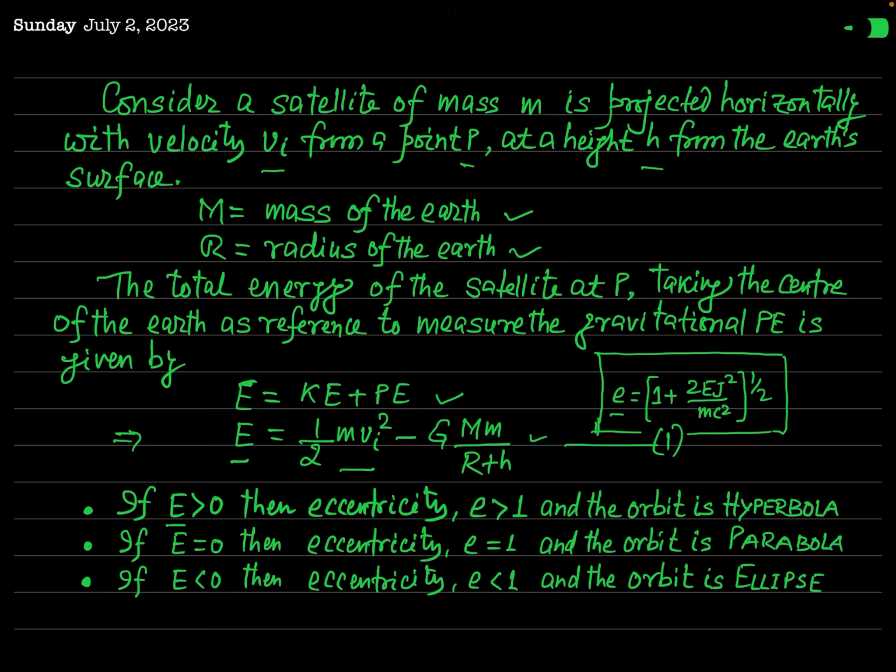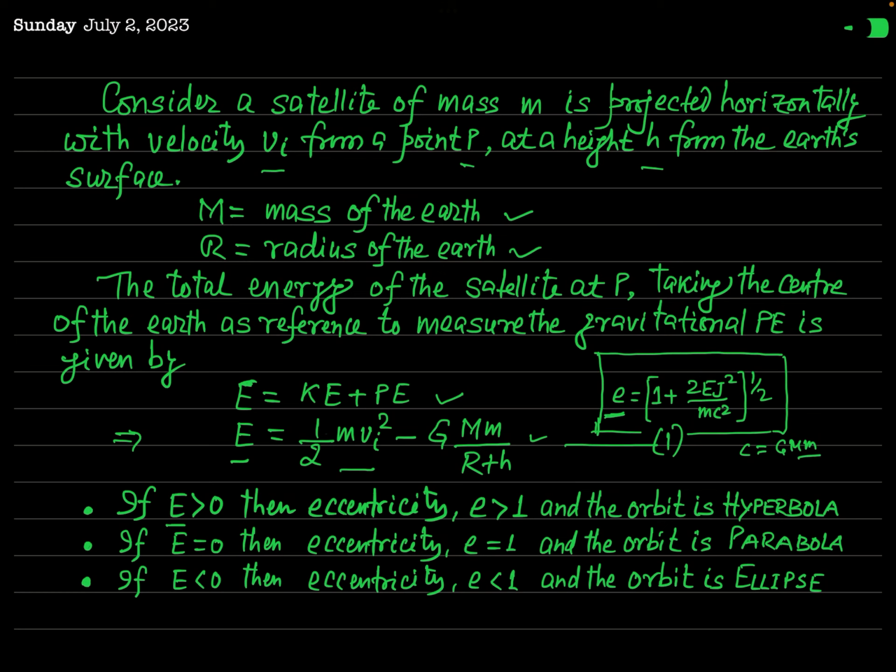Here I have written the expression we learnt in the previous lectures: the eccentricity of the orbit or trajectory is given by (1 plus 2EJ squared divided by m C squared) to the power half. Here C is equal to GMm.